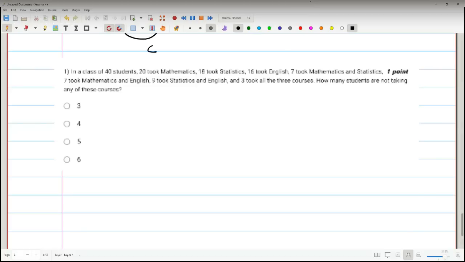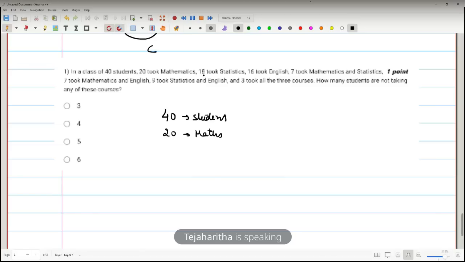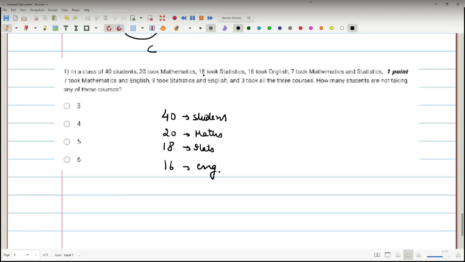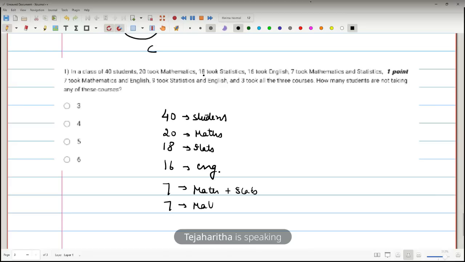Please tell me if somebody can check this, because the numbers are not very clear. There are 40 total students. 20 have taken maths. 18 took statistics. 16 took English. 7 took maths and statistics. 7 took maths and English. 9 took statistics and English.